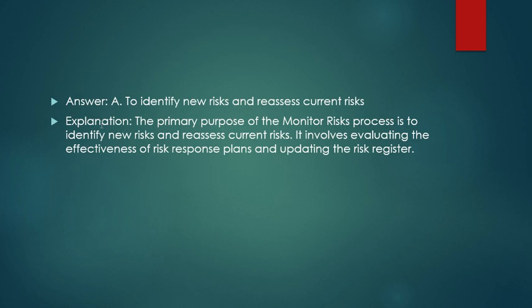Answer is to identify new risk and reassess current risk. The primary purpose of the monitor risk process is to identify new risk and reassess current risk. It involves evaluating the effectiveness of risk response plans and updating the risk register.